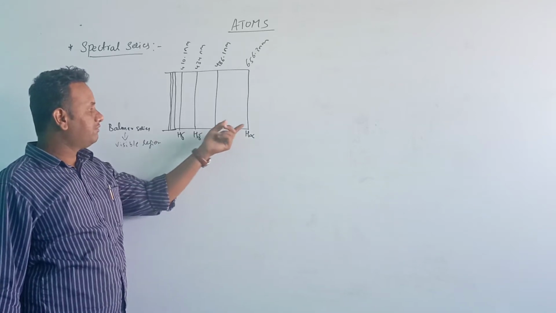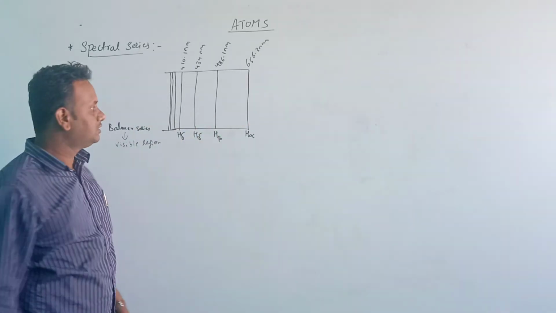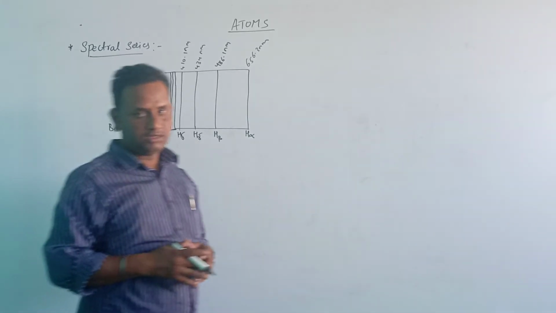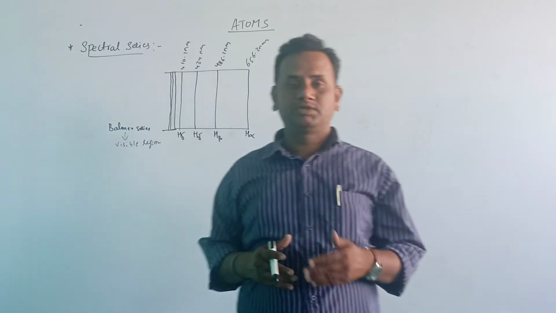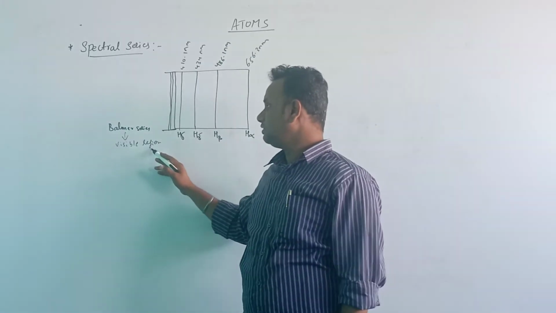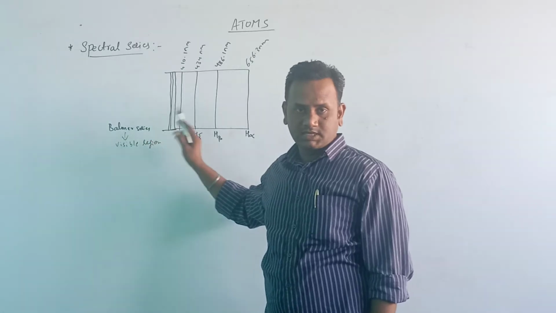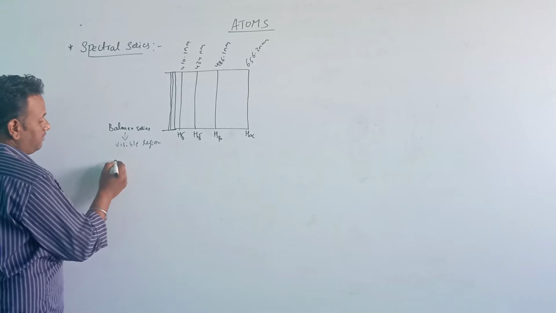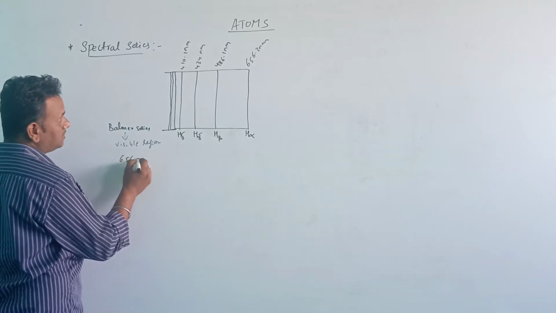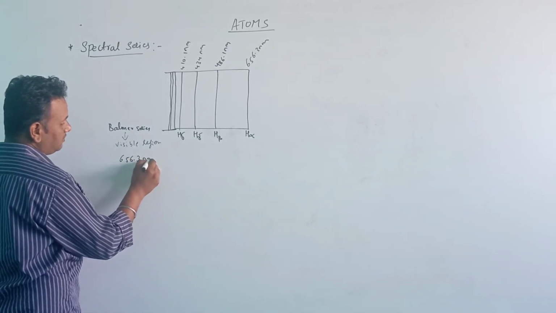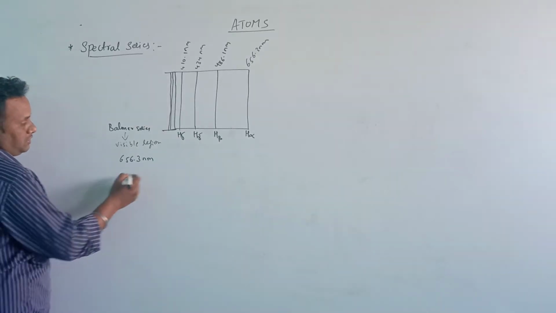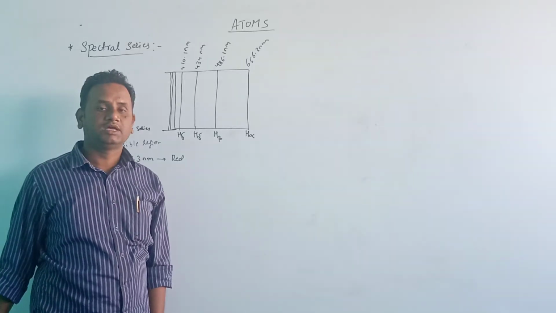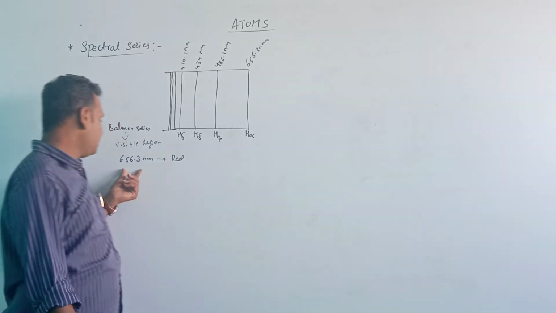Here we have four spectral lines, H alpha, H beta, H gamma, H delta, which we observe in the visible region under the Balmer series. The first line, with a wavelength of 656.3 nanometer, is red, which has the highest wavelength.